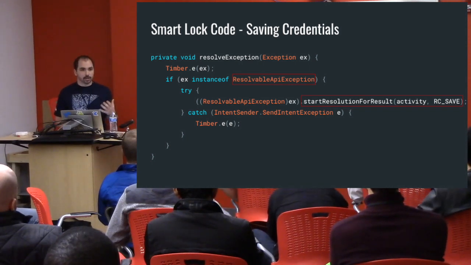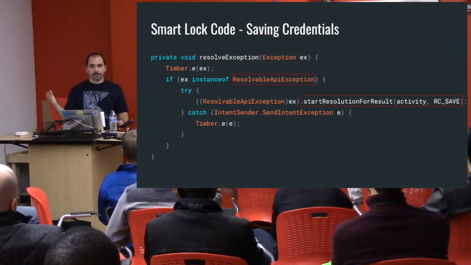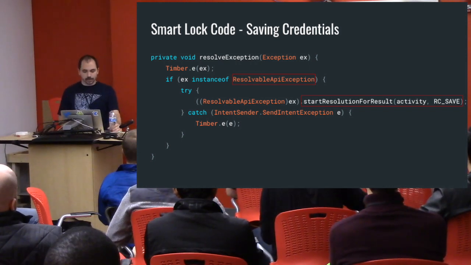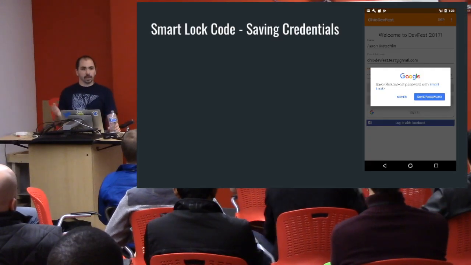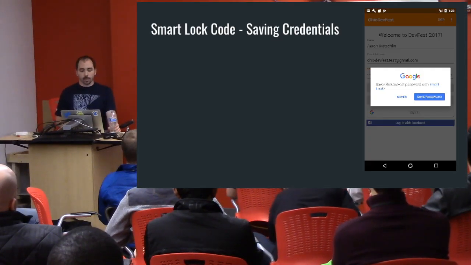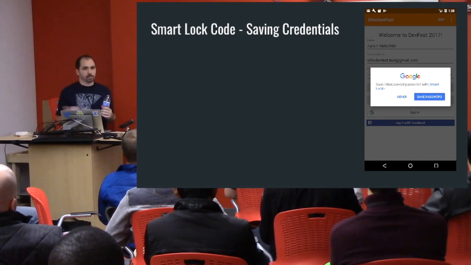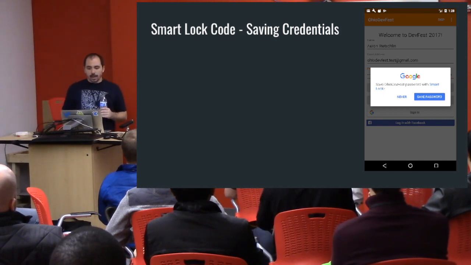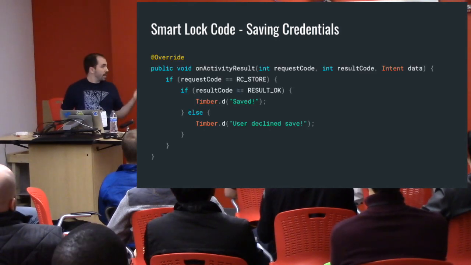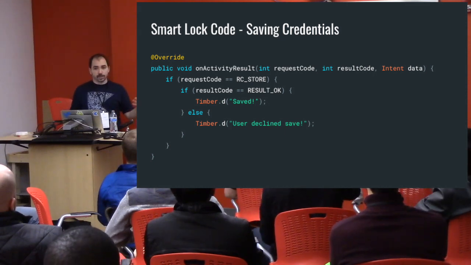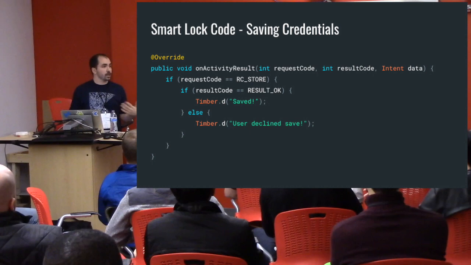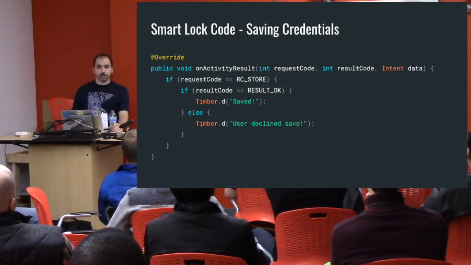Again, this is the standard kind of calling out to another application and receiving the results. And when that happens, you'll see this dialog, which is not unlike the dialog for Google Chrome, where the user can either save or not save the account. If the user saves, you'll get the callback in your onActivity result, and it'll give you the result okay, the user saved the credentials to their account, and then you can just move forward.